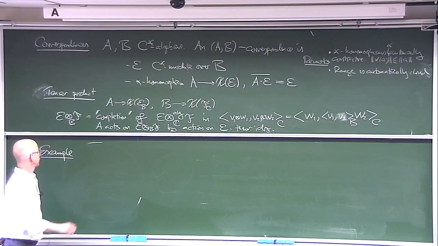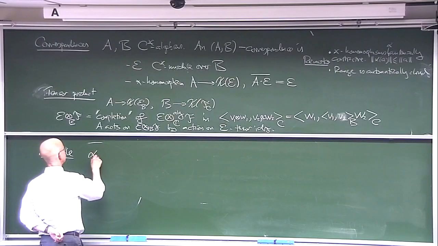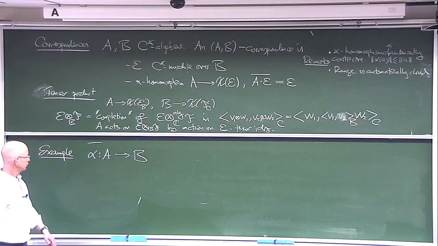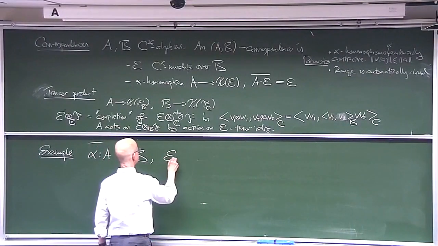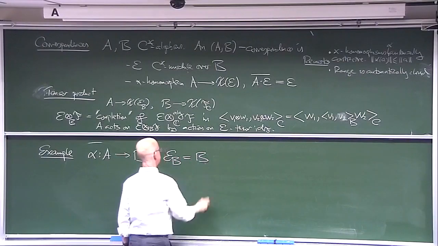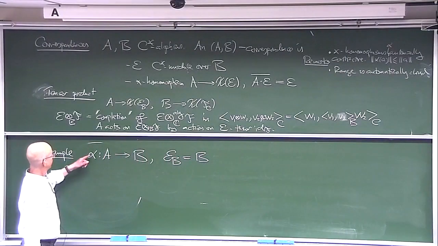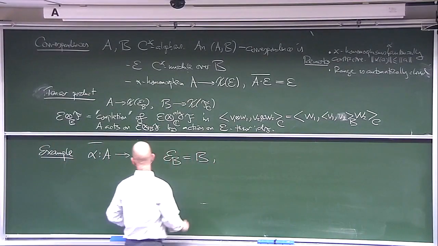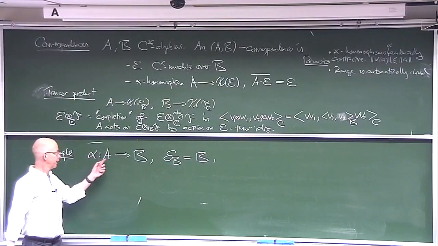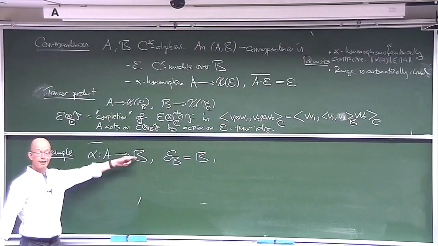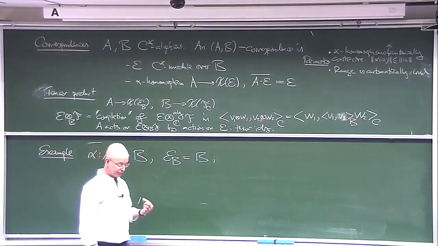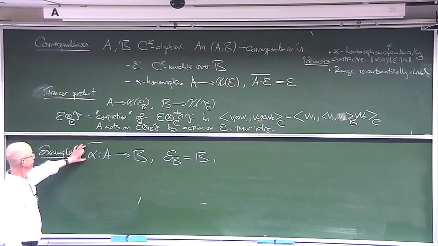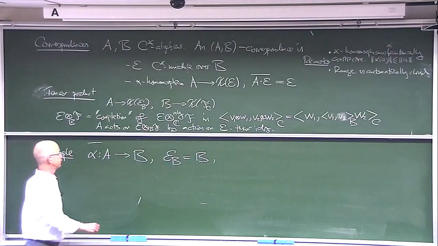All right. So here's an interesting example. Suppose I have a star homomorphism, which we call alpha, from A to B. Then I could define this E_alpha just to be B. And A, of course, acts on B through alpha. So A applied to an element of B is by definition alpha of A times B. That operator, B goes to alpha of A times B, is a compact operator, and so, as I mentioned before, this defines a correspondence.